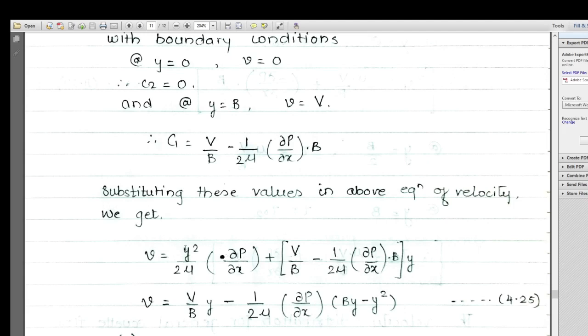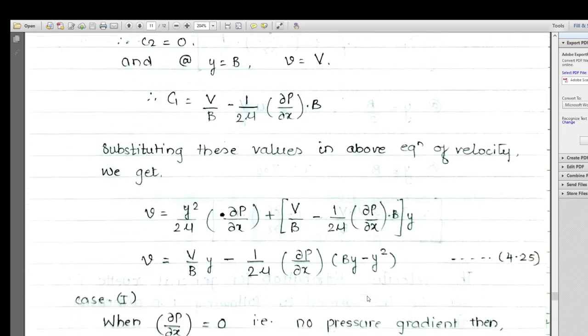In this term and in this term, 1/(2μ) ∂p/∂x is the same, so we can take it common, and in the bracket we will get by minus y². Here it is minus by, and here it is positive y², so minus minus will be plus. This will be the rearrangement of the terms.